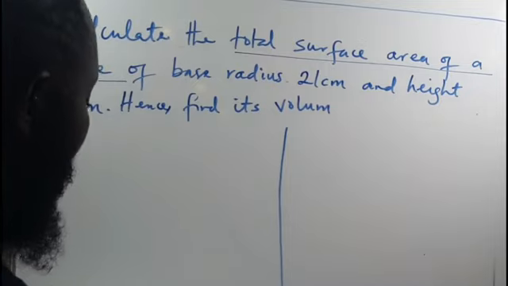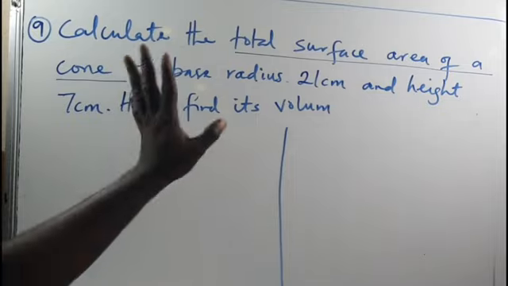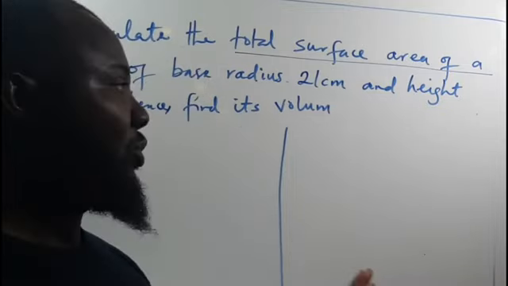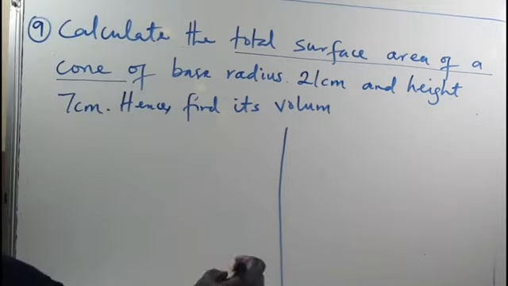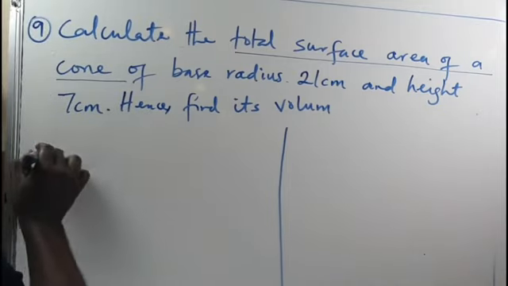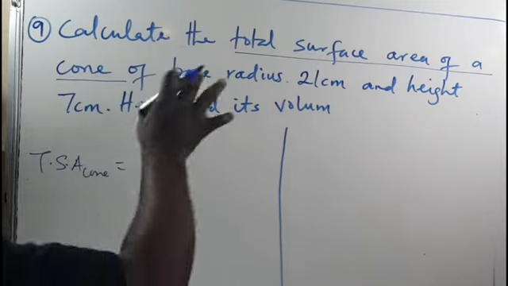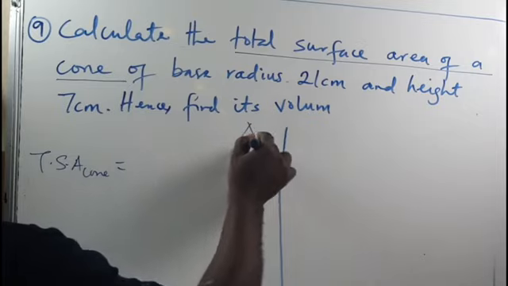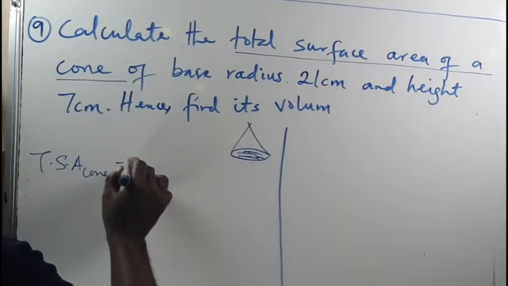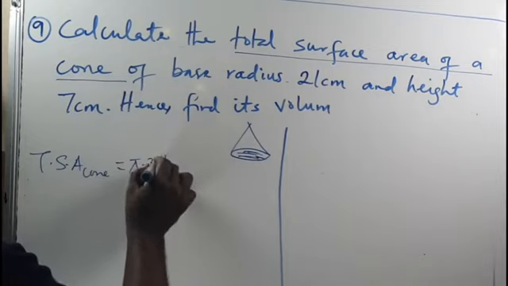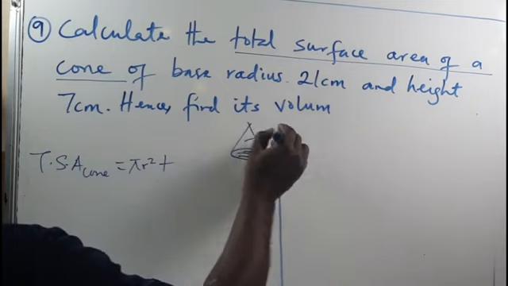We're not told if the cone is open or closed, but once it is solid like this, consider it to be closed. In that case, the total surface area of a cone has a base, which is a circle, so that is pi r squared, plus the curved part, which is pi rl.